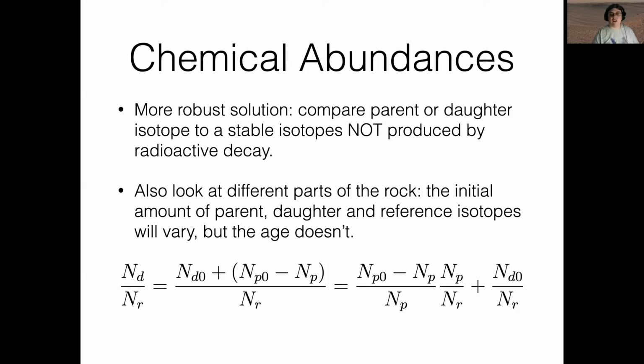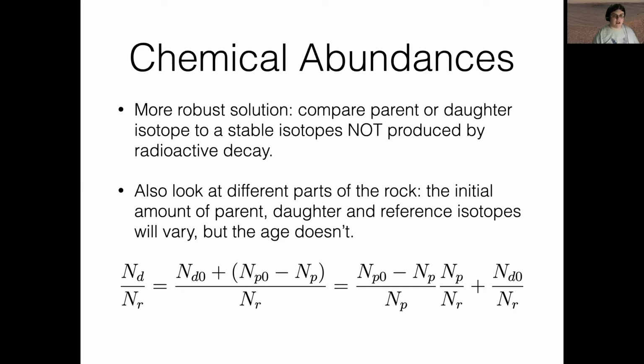So even if they start with a different mix of elements and different minerals in this rock, they all solidified at the same time. Now we need one more bit of information, which is that our reference isotope has to be the same element as the daughter isotope. So the reference isotope is stable, it's not produced by radioactive decay, and it is the same element as the daughter isotope, so they act pretty much chemically identical.